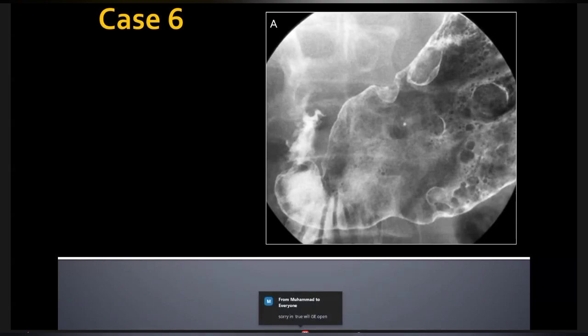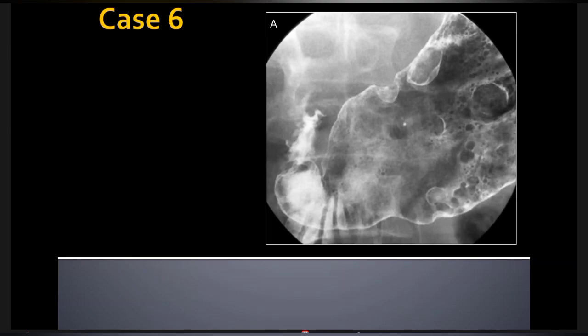In my provisional diagnosis, I will say that these are ulcerations along the lesser curvature of the stomach. Okay. What makes you say ulcer? Inward drawing along the lesser curvature. The barium column is inward drawn.